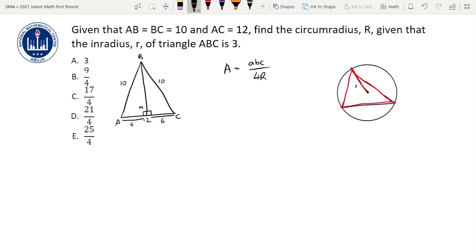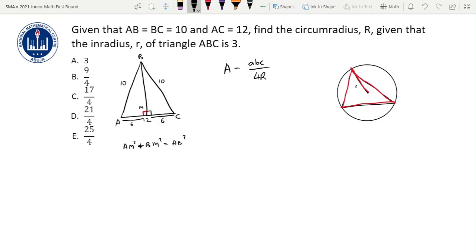If you look at ABM, you see that we have a right angle triangle here, since we have 90 degrees here. So we can make use of the Pythagoras theorem in triangle ABM. We'll have that AM squared plus BM squared equals AB squared.